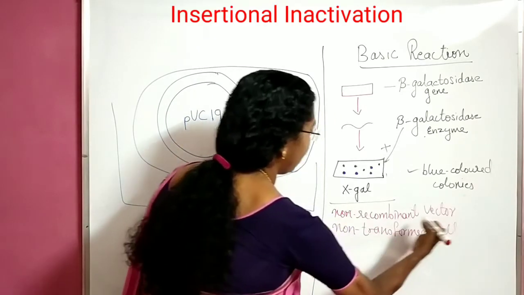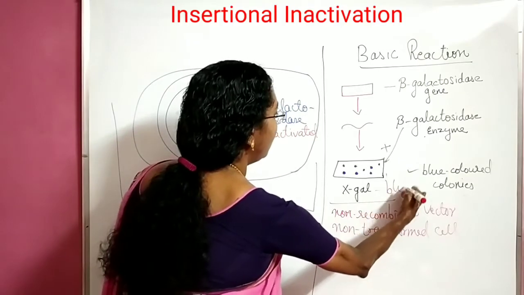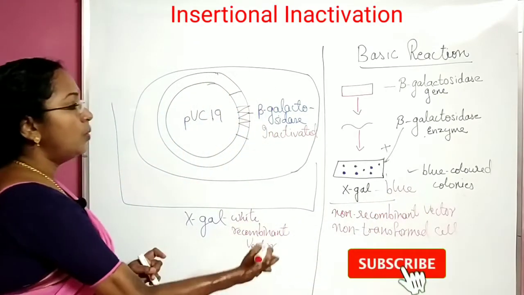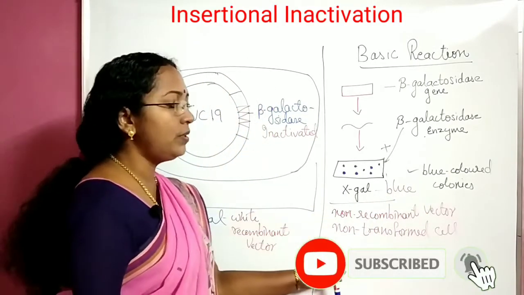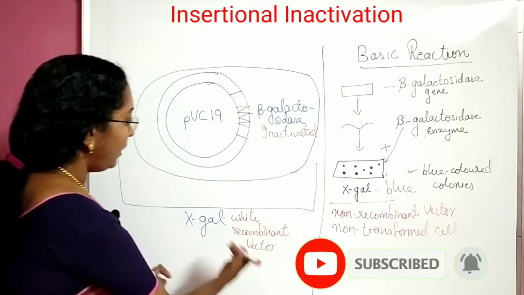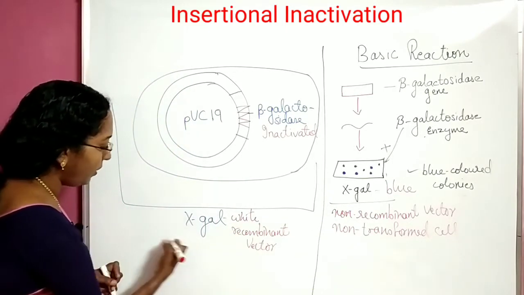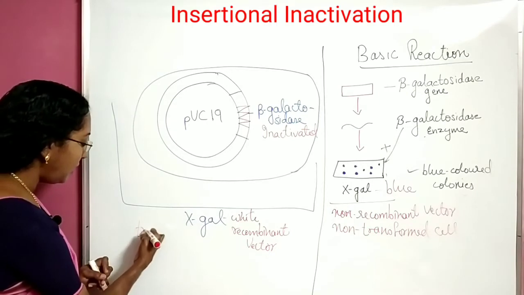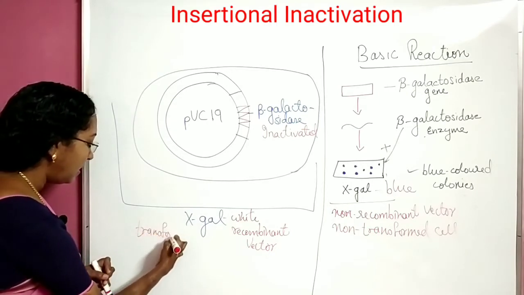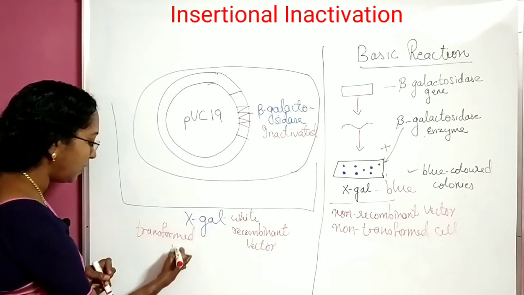Non-transformed cell it is, because it is producing blue colored colonies. So blue colored colonies are non-recombinant or non-transformed cells, whereas white colored colonies are recombinant vector, or I can say the bacterial cell is transformed cell.